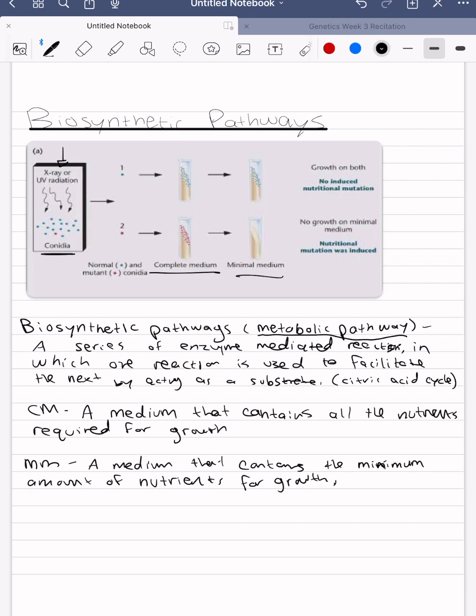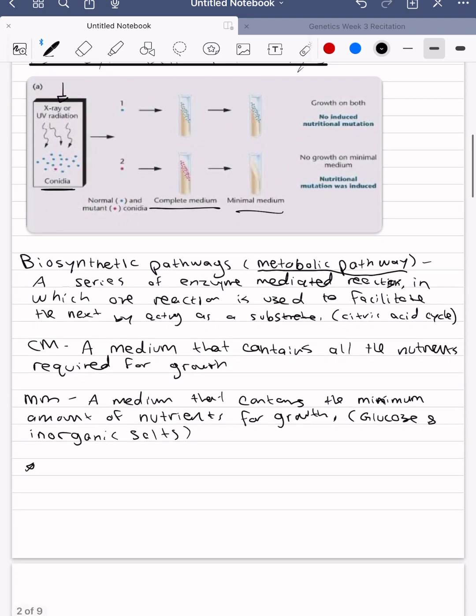Minimal media is generally composed of glucose and will have some inorganic salts, whereas complete medium would contain all essential amino acids and the like. Now typically, the organism would be able to grow on both media if the DNA was undamaged.